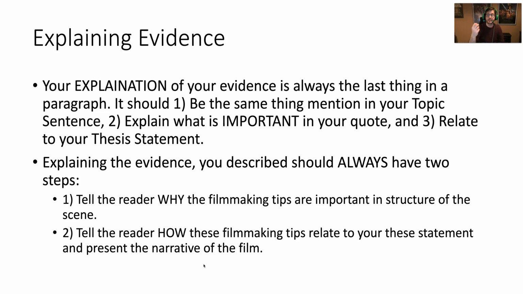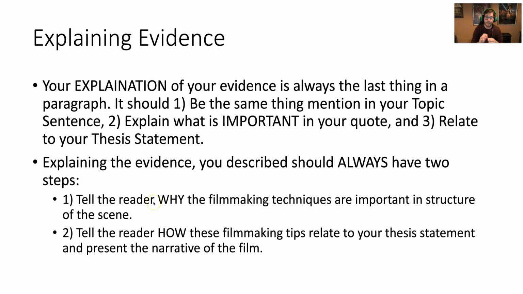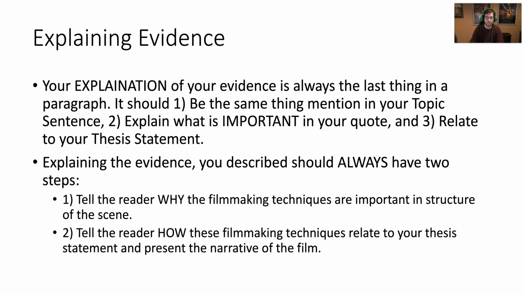Right? When you explain to me what is going on in your scene, you should have 2 steps. First, tell me why the filmmaking techniques are important to the structure of the film. Then tell me how these filmmaking techniques relate to your thesis statement and present the narrative of the film. All right, so to review, after describing to me how the filmmaking techniques are working in the scene, you're going to do 2 steps. 1, why those filmmaking techniques are important to the inherent structure of the scene.